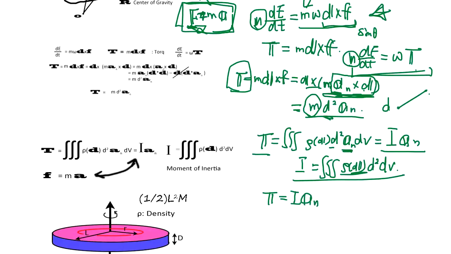What is I? I is the integral of density, the distance from the center of gravity squared, dV. This is called the moment of inertia. So we have an equation using moment of inertia, the same as Newton's equation.